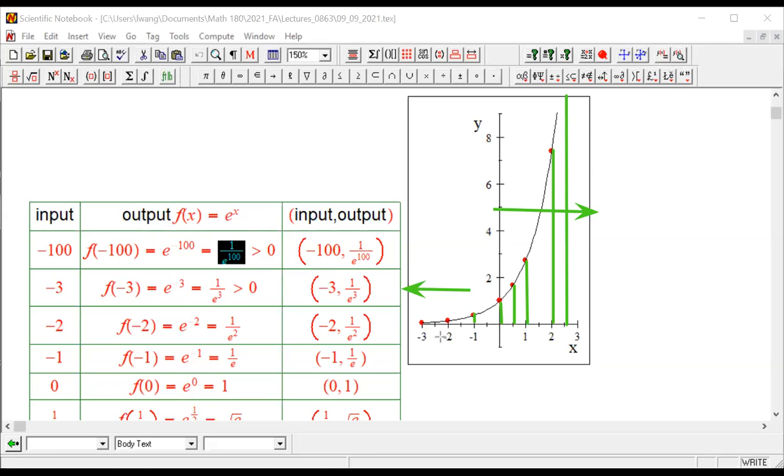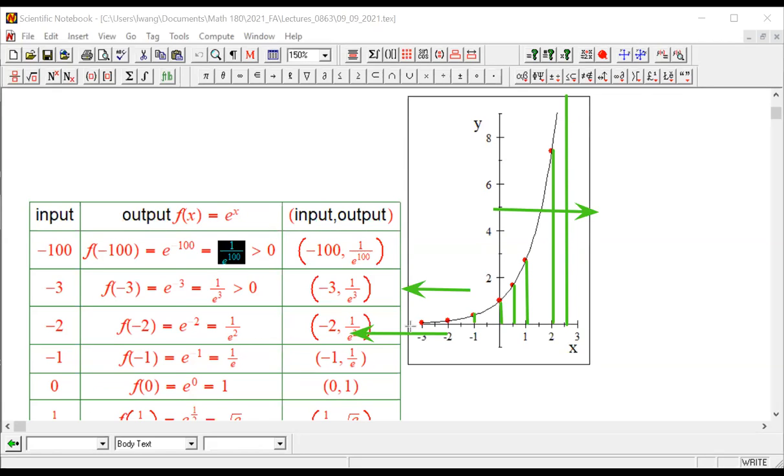So my input is getting smaller and smaller and smaller. What happens to the red dots? They get lower and lower, but never as low as zero, because it is always larger than zero, but never touches zero. Isn't that the same description we had for 2 to the power x? Yeah, I believe so.